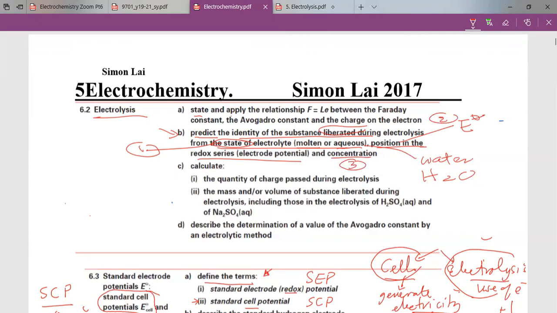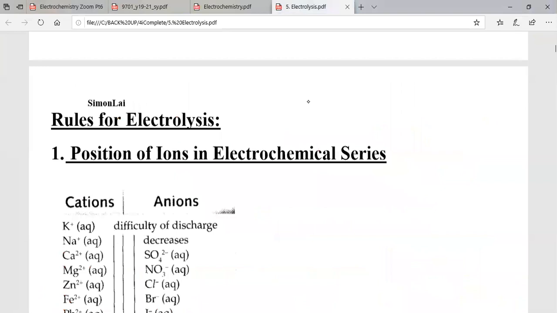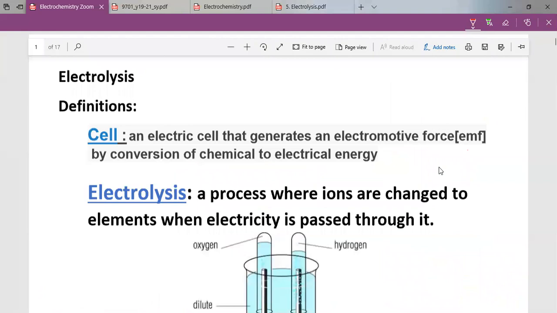Now remember, in your Form 5 electrolysis, there are 3 rules of electrolysis. Maybe we should talk about what electrolysis is. There's a difference in definition. In cells, we have done cells already.